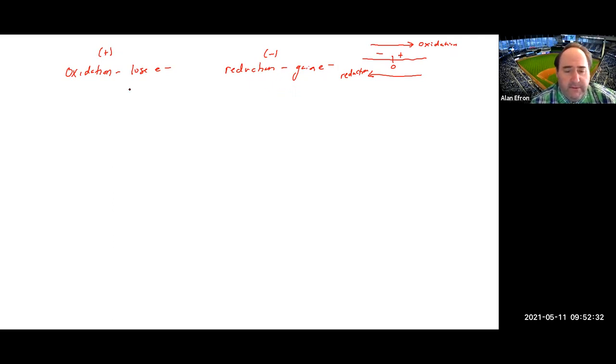oxidized, what's being reduced. A couple of other definitions, which we don't get too much into in general chemistry, are that you gain some oxygen as you go from reactants to products, or you lose hydrogen as you go from reactants to products.